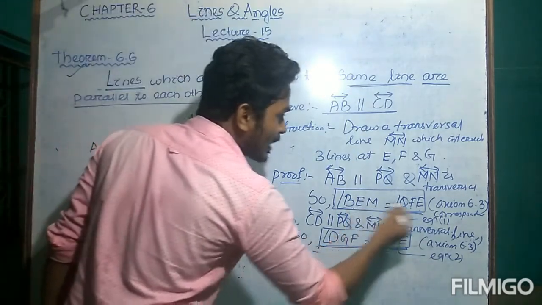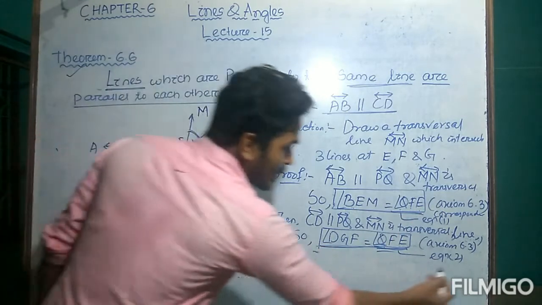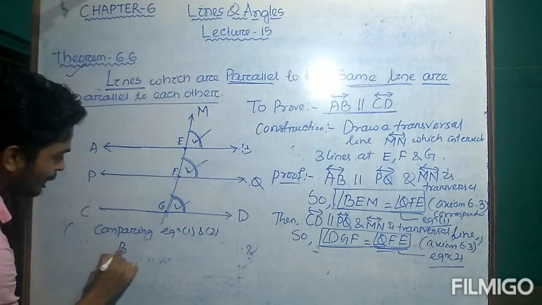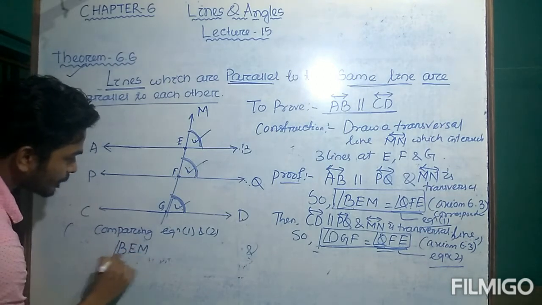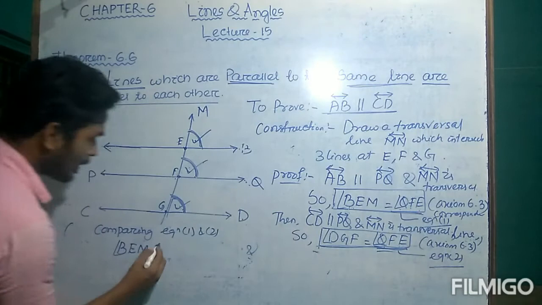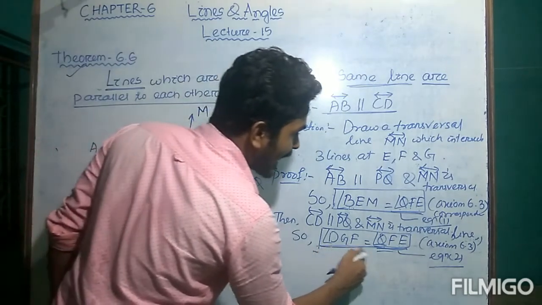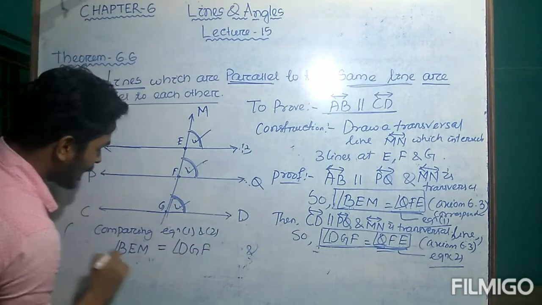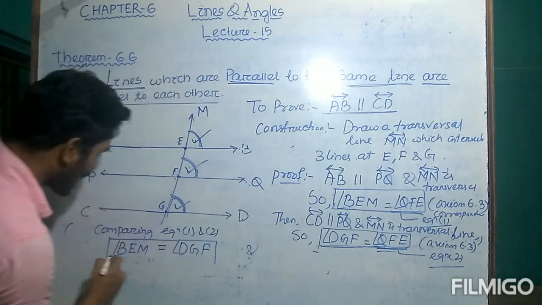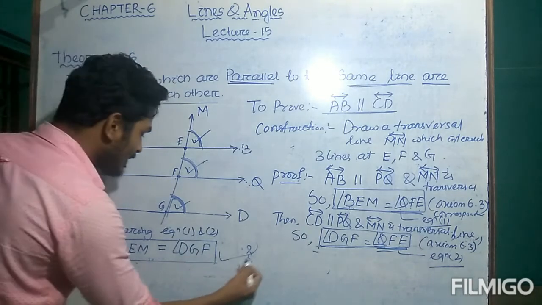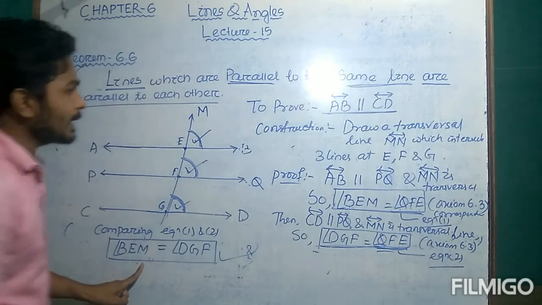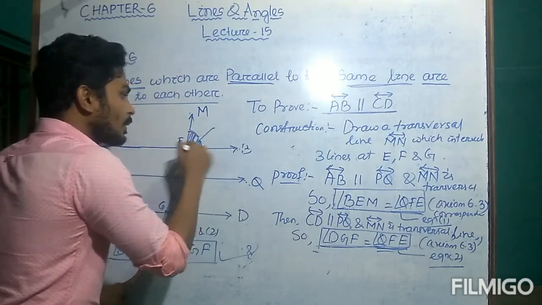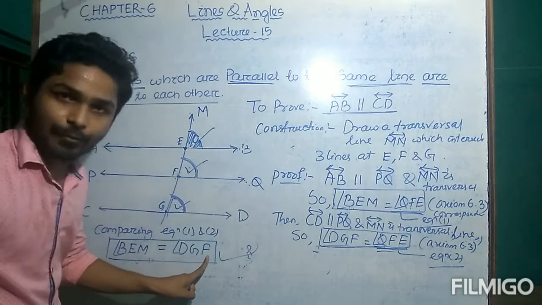So the left hand side of equation 1 and the left hand side of equation 2 must be equal. So you can write BEM of equation 1 is equal to DGF of equation 2. So after comparing equation 1 and equation 2, we get the result that the angle BEM is equal to DGF.